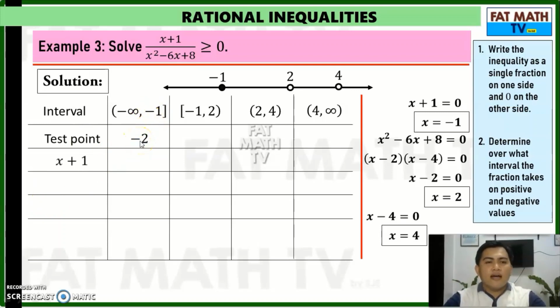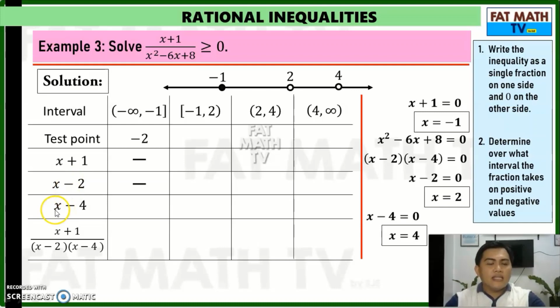So let's identify the values of these 4 expressions. Okay, if x is -2, this is -2 plus 1, which is -1, so that's a negative. When x is -2, this is -2 minus 2, that's -4. It's also negative.